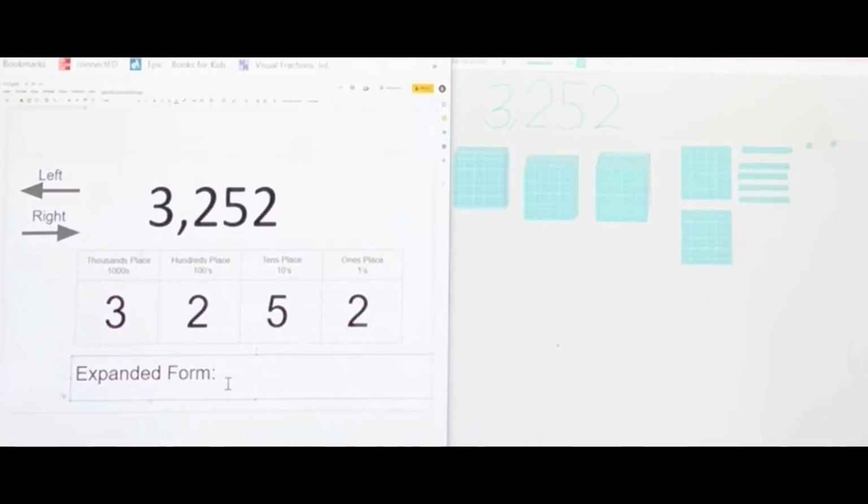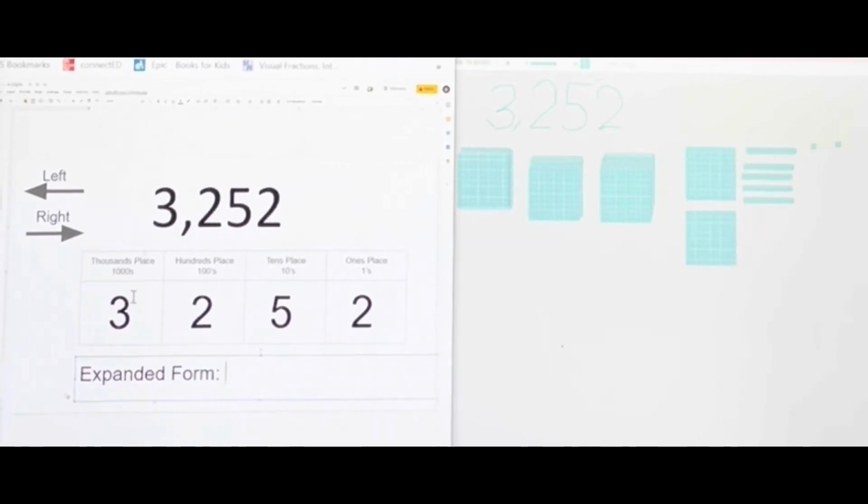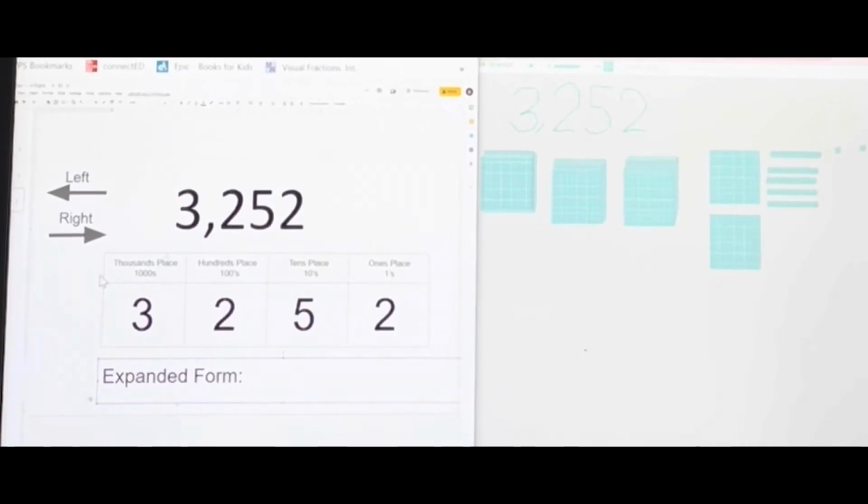All right, final step of the final example problem here. I'm now going to write the number 3,252 in expanded form.